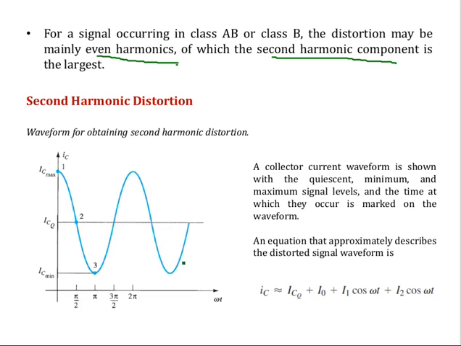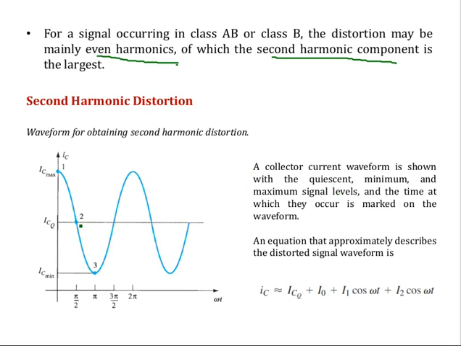When you observe it now, you may not see any distortion, but we are trying to find an expression for the magnitude of the second harmonic component using this 3-point method on the collector current waveform. So here a collector current waveform is shown with quiescent, minimum and maximum signal levels.